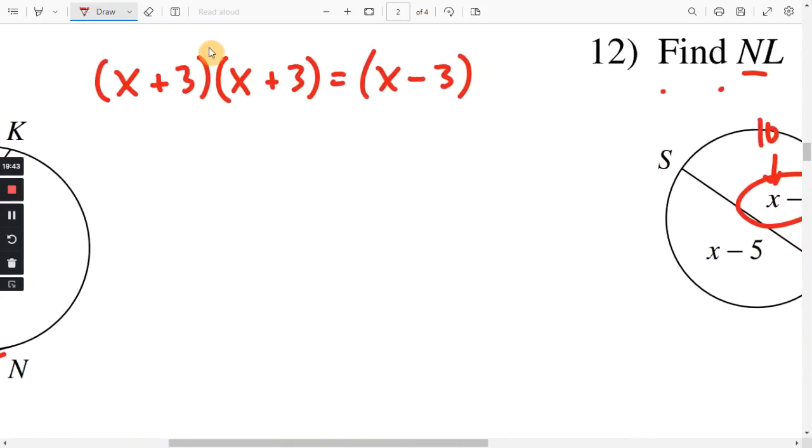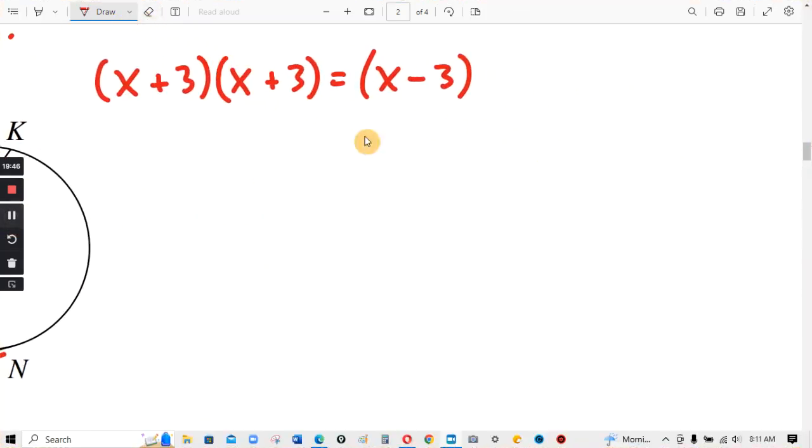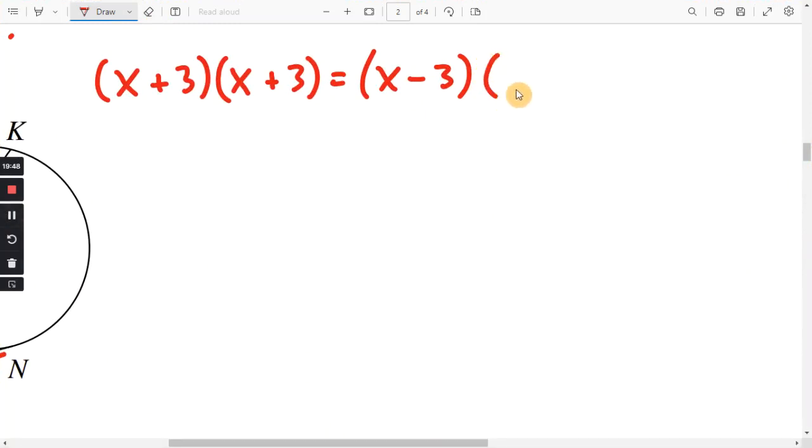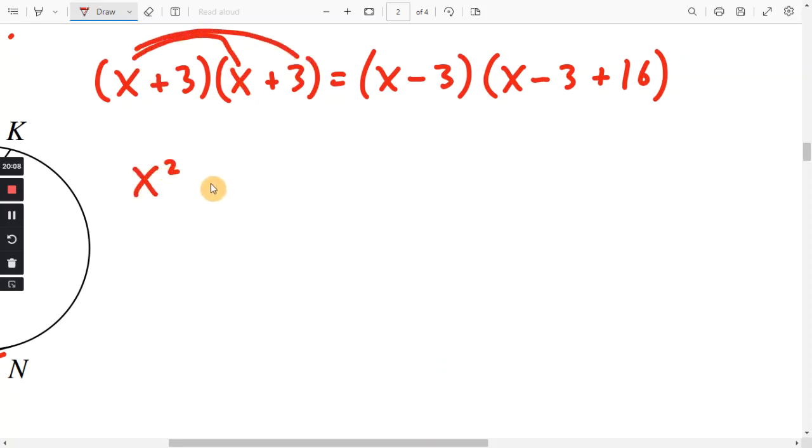All right, I'm going to need more room. So it's times x minus 3 plus 16. All right, distributing on the left, you can use FOIL or distribute. I'll just distribute. X times x is x squared. X times 3 is positive 3x. 3 times x is 3x. 3 times 3 is positive 9.